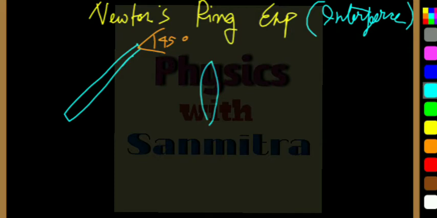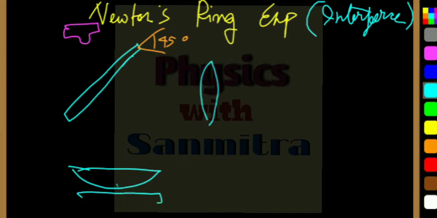There is a telescope, I can say, which is kept here, and here there is a plano-convex lens. It is kept like this. And there is a monochromatic source out here that is kept at the focus of this convex lens. Now what is happening here? Let's see.